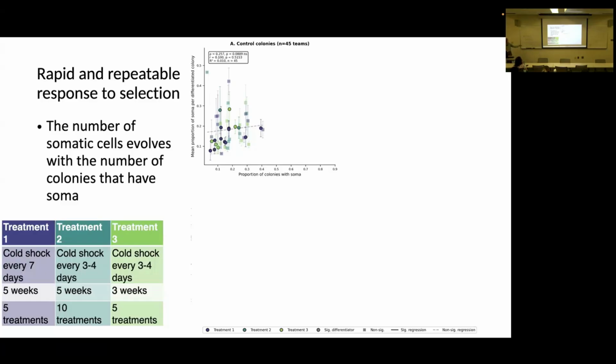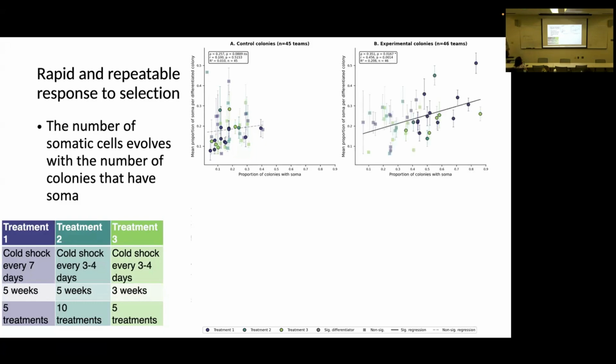The other thing to note here is that each little circle corresponds to data from one student group. So each dot is one lineage and about 50 colonies. In the experimentally evolved lines, though, there is a significant correlation between the proportion of colonies with somatic cells and the mean proportion of somatic cells per differentiated colony.